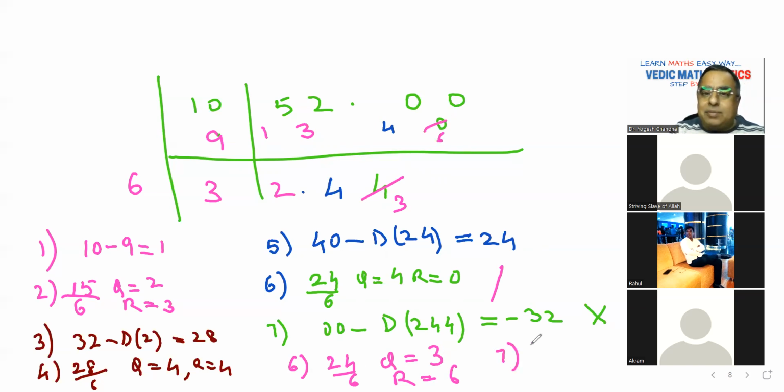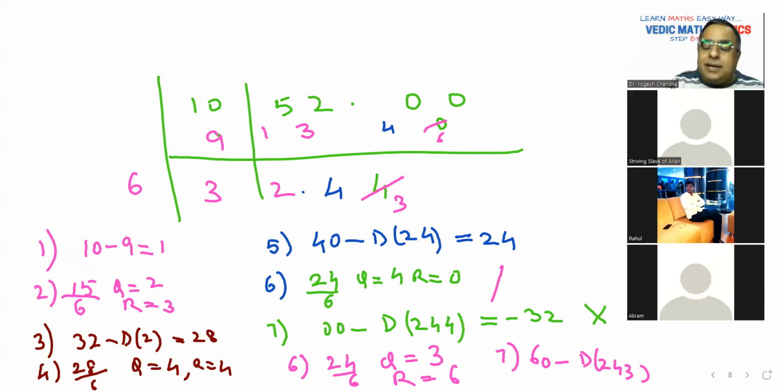Now the seventh step becomes 60 minus d of 2 4 3. 2 into 3 is 6, 6 into 2 is 12, 12 plus 16 is 28. So 60 minus 28 is 32. If I want to go further, I can, but this is where I stop, because 32.43. So this is our normal procedure.